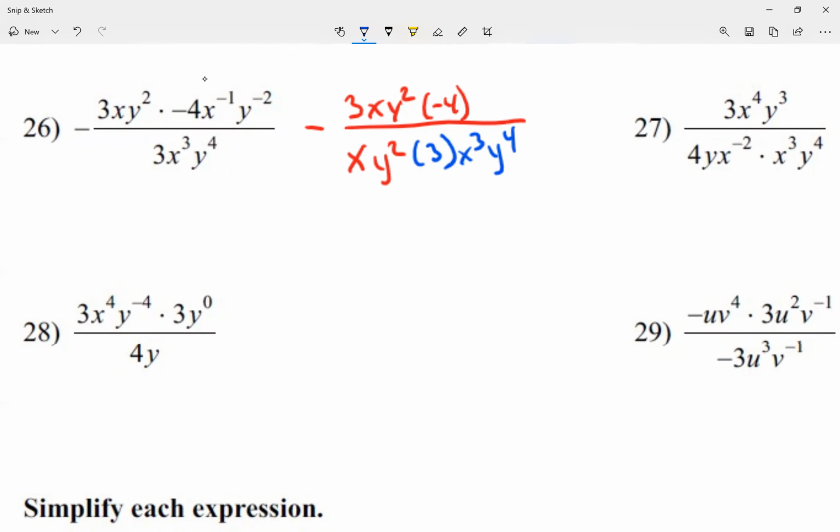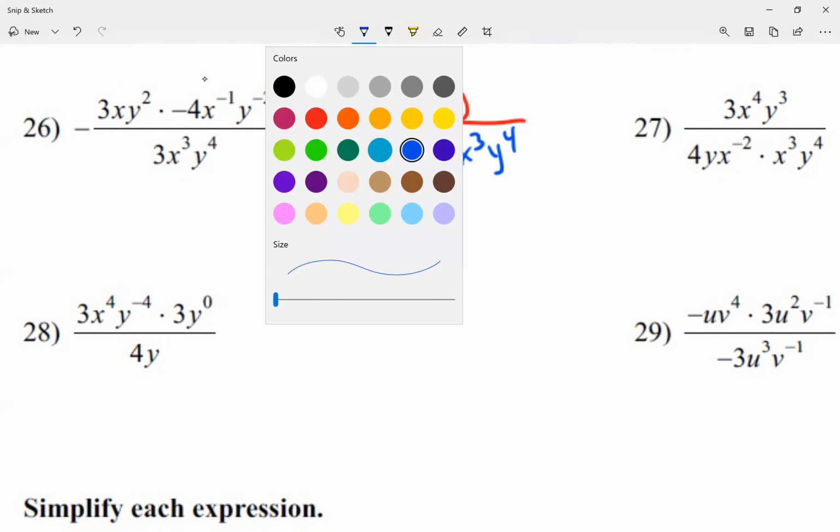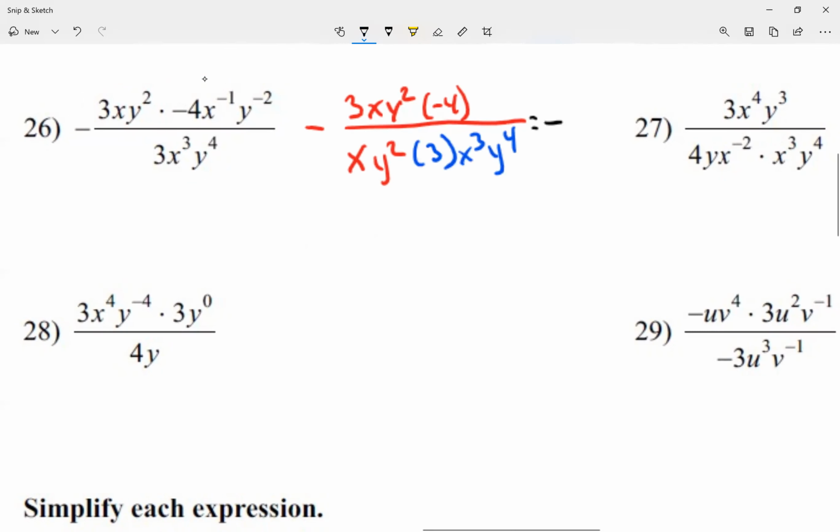Let me simplify things out. I see there's a negative sign in front of my fraction. And then number-wise, I have a negative 12 because I multiplied 3 times the negative 4, so negative 12, x and y to the 2nd.